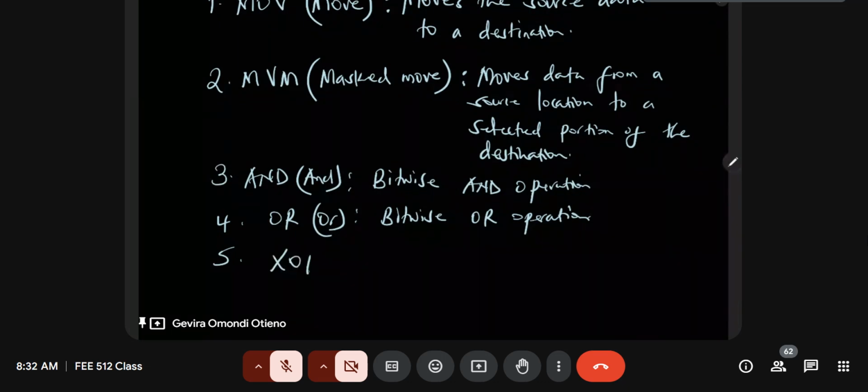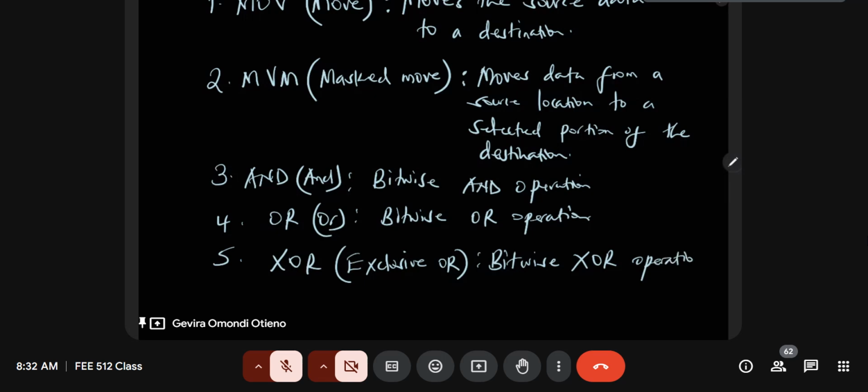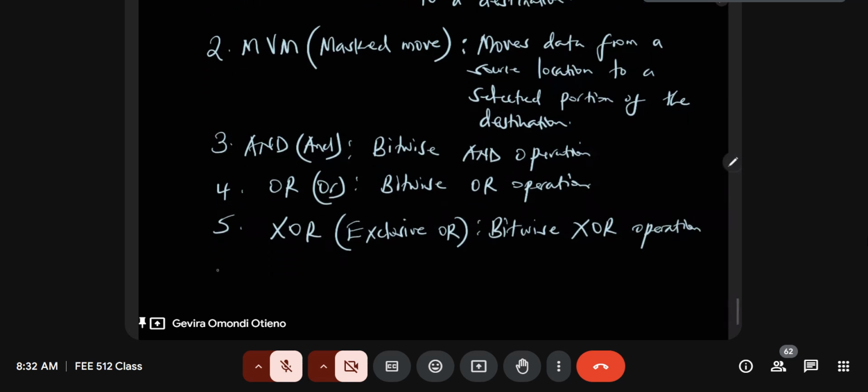You know that we also have the XOR, or what we humans refer to as exclusive OR, where we are performing a bitwise XOR operation. These ones I won't bother with.